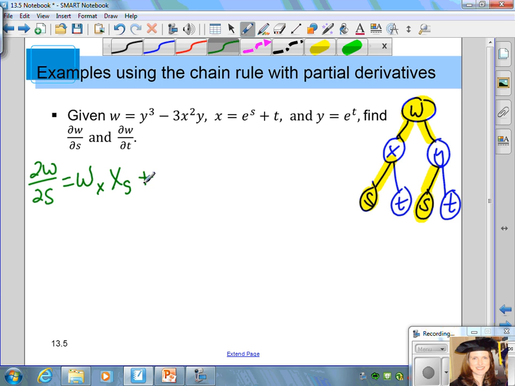You can also use those partial derivative symbols, plus the partial of w with respect to y times the partial of y with respect to s. This is going to be our partial of w with respect to s.